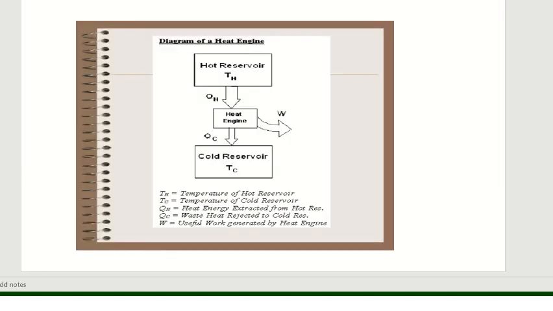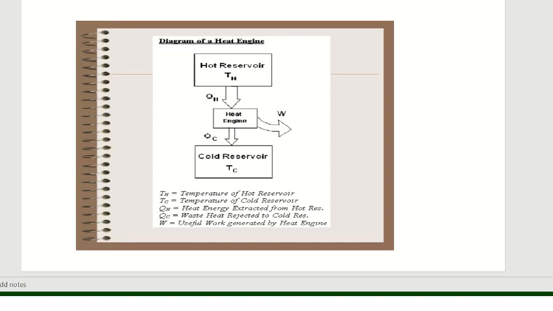Next, how the heat engine works. Here you can see a diagram of a heat engine. This is the source, working substance and it is a sink.